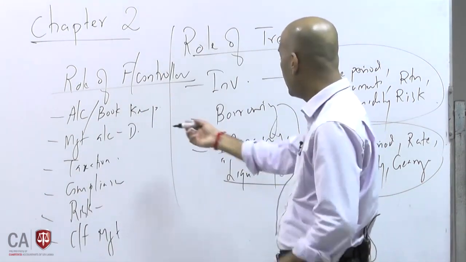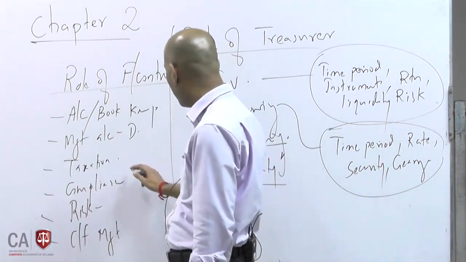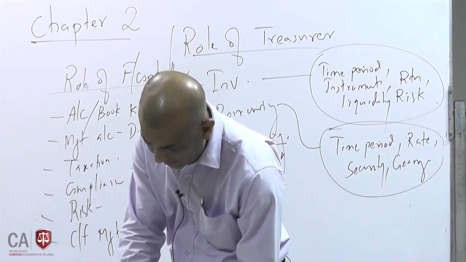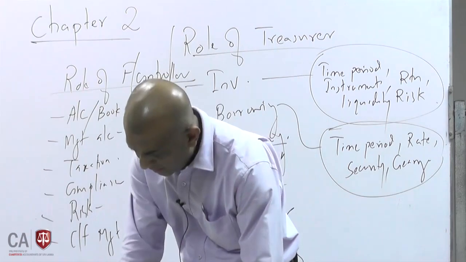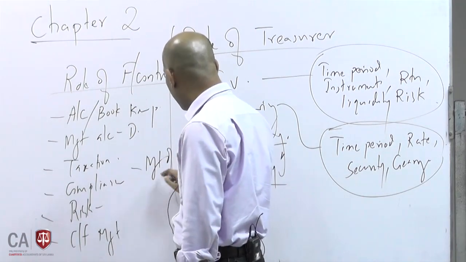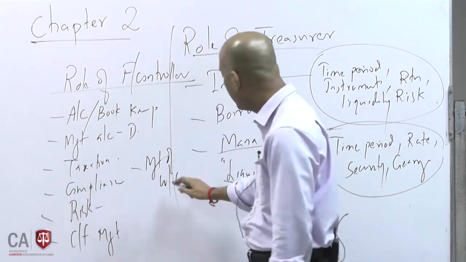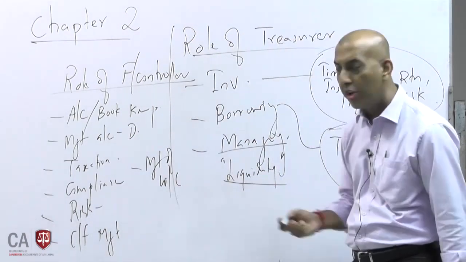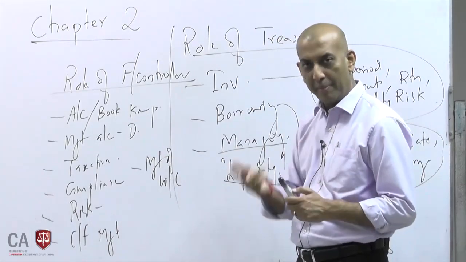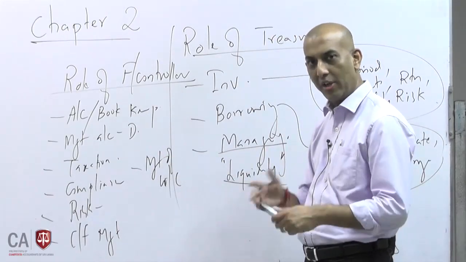I think maybe here you have to say that normally one of the other activities of the financial controller is the management of working capital. I mentioned the cash flow management, but even the working capital management is also done by the financial controller. When I say working capital, it can be inventory, it can be debtors, it can be creditors, all that.